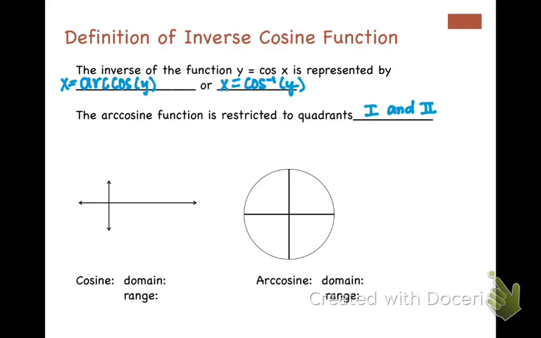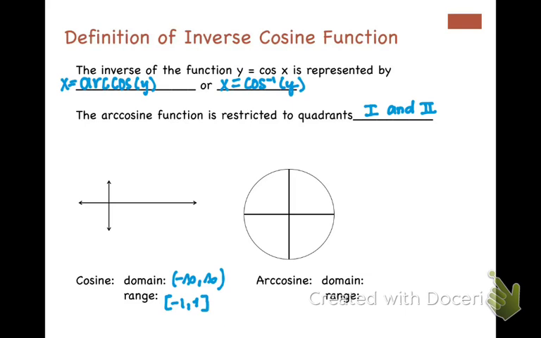So cosine's domain originally is going to go from -infinity to +infinity. And the range, just like sine, goes from -1 to +1 because of the fact that adjacent and hypotenuse in a right triangle, hypotenuse is always your longest side. So just like with sine, it's small over big, which is always less than 1.